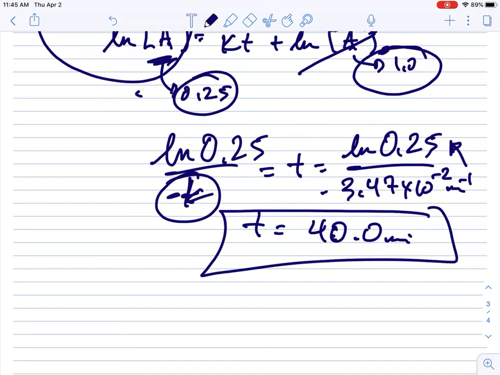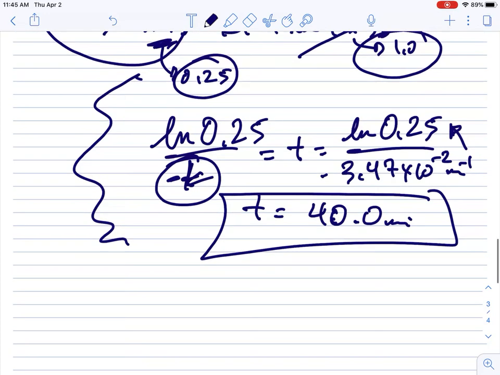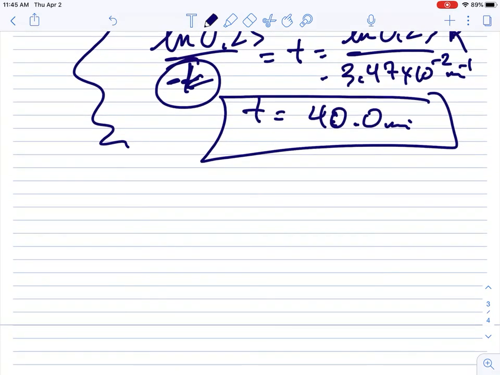Now, here's the other way that you can think through this problem, okay? This is the full-blown math. Now, in this situation, this works out because I specifically chose 75%. But if you think about it, if you start with a concentration of 1, after 20 minutes, that concentration is going to be 0.5.